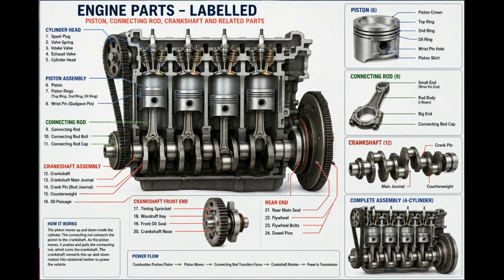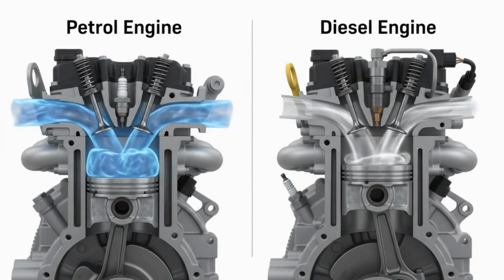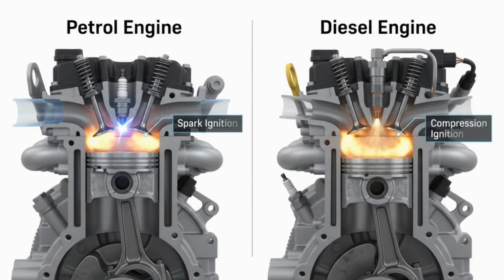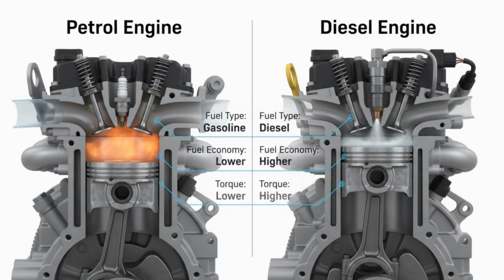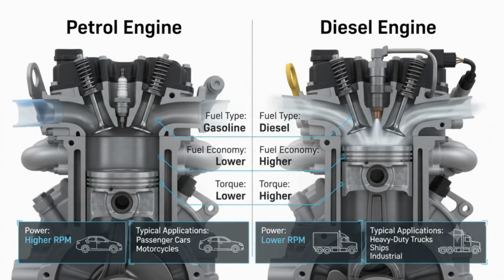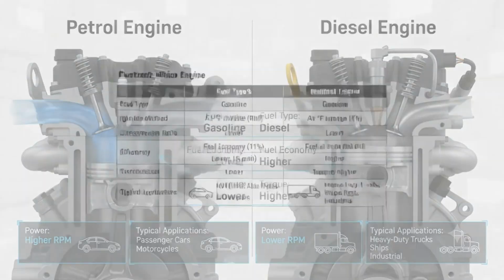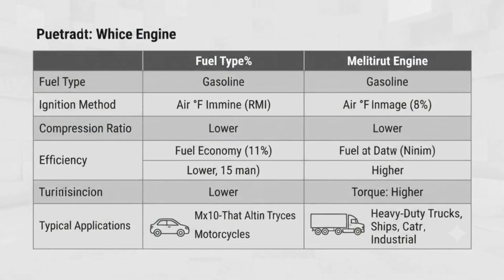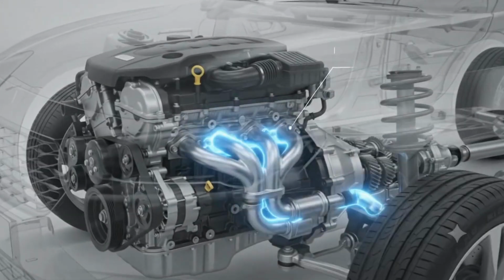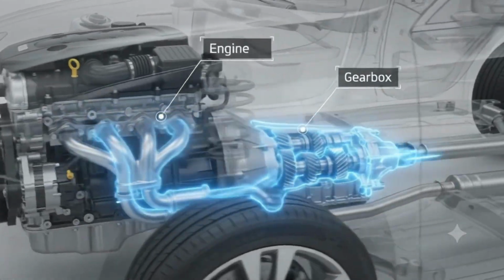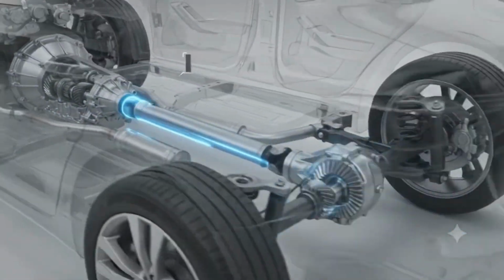So this is the process: combustion pushes the piston, the piston pushes the connecting rod, the connecting rod forces the crankshaft to rotate. That rotation is the same rotation that carries through the transmission all the way to the wheels.